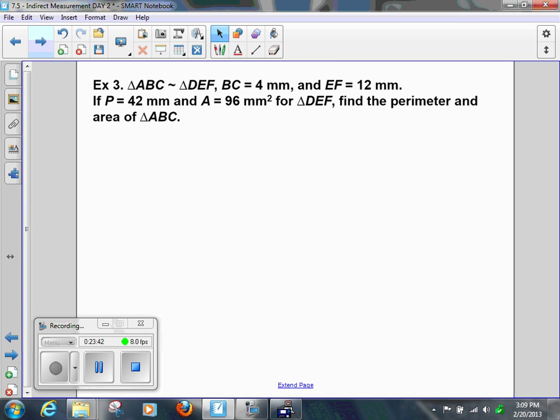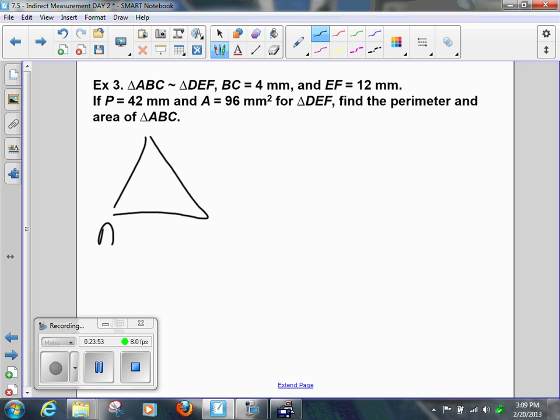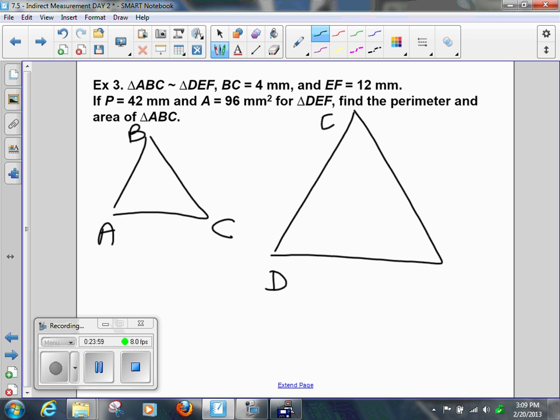Let's move on then. Ooh, look at this one. Ooh, what's missing? Picture. All right, here we go. ABC. I may have this backward, folks, and if I do, I don't care. I just need a picture. It says that BC is 4 millimeters.